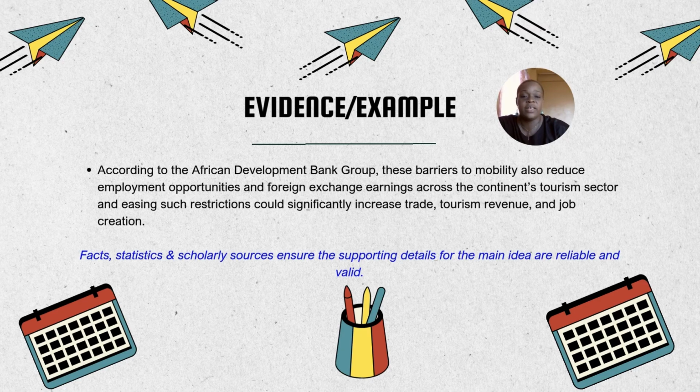This provides evidence from a credible source, such as the African Development Bank Group, to support the claim with data and authority. Remember, facts, statistics, and scholarly sources ensure the supporting details for the main idea are relevant, reliable, and valid.